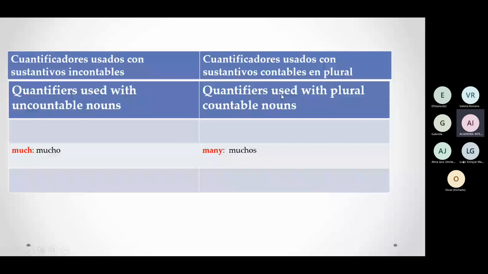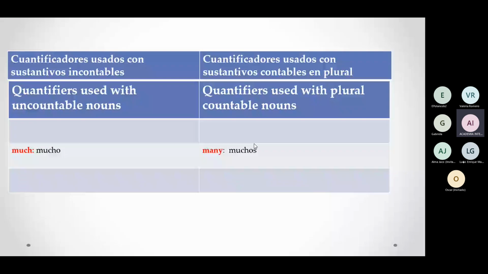So now, can you tell me what the difference between much and many is? You can say much is used to talk about uncountable nouns, and many is used to talk about plural countable nouns, I mean.